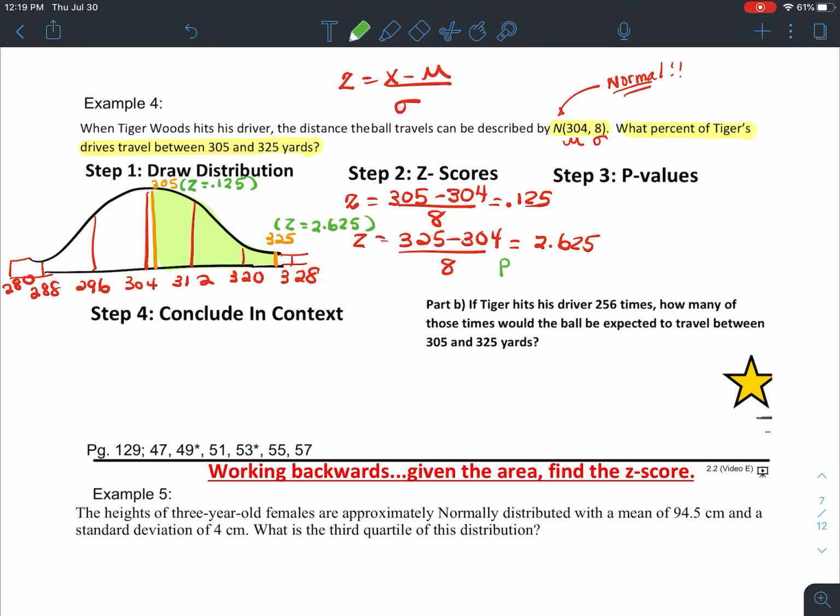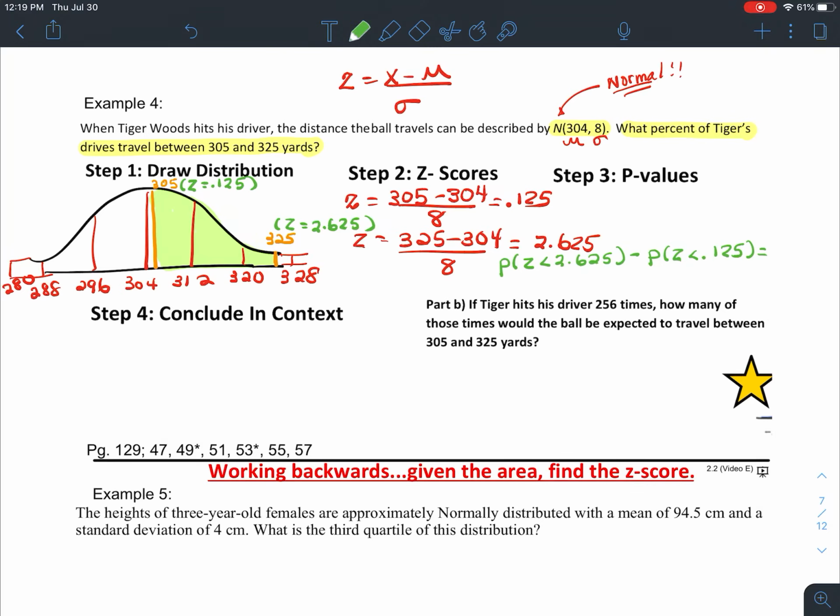Now we're looking for the area in between those. Remember how this works: we want the probability that z is less than 2.625, and from that we subtract the probability that z is less than 0.125, which leaves us with the area in between. The table only goes out to the hundredths place, so you have to look up 2.63.